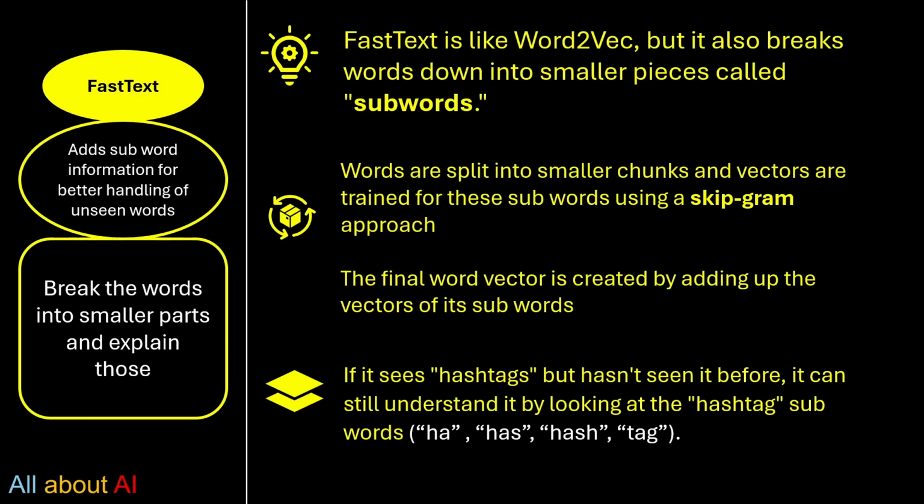And that's how, even though it is not seen, it will be able to relate and understand where the vector representation should be placed. So ultimately, FastText is extending the idea of the word2vec algorithm, and its strength lies in the fact that it can efficiently handle unseen words.